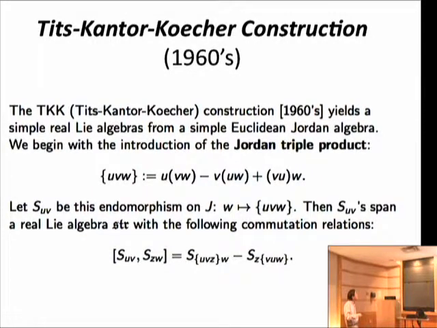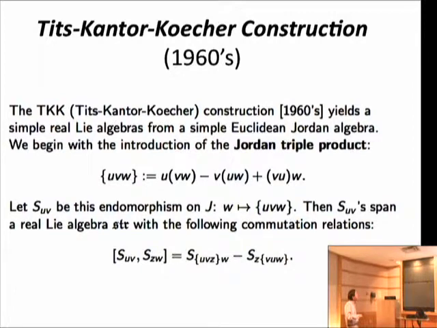I will start with the introduction of the Jordan triple product. So take 3 elements U, V, W, and we take the product. Because of the commutativity, we get 3 possibilities. And then for one of them, you put a negative sign, you do this combination. Well, V is in the middle, so here you put a negative sign. This is called the Jordan triple product.